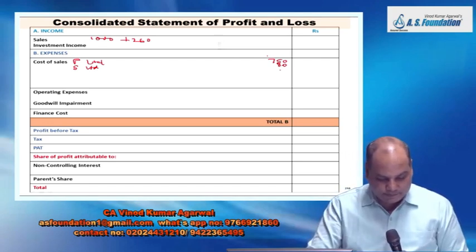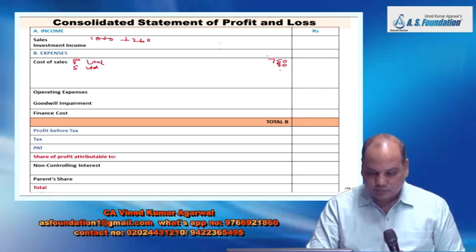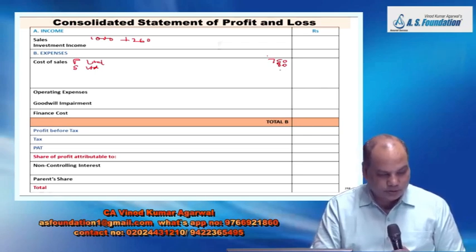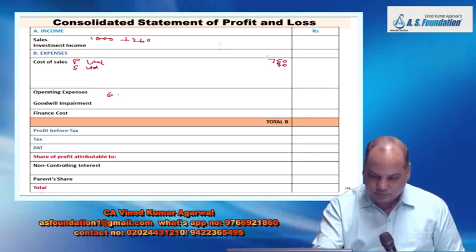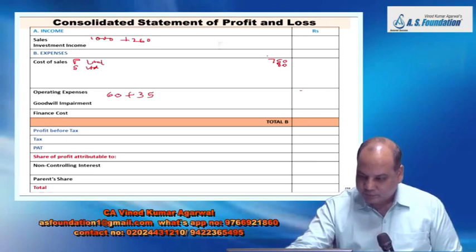Next line, gross profit will not write. Operating expenses. Operating expenses, how much? 60 plus 35. How much? 95.